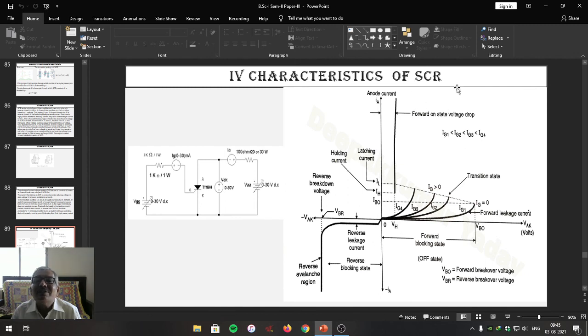Friends, this is what you have to remember as the current voltage characteristics of SCR. Dear students, this is all about the SCR.